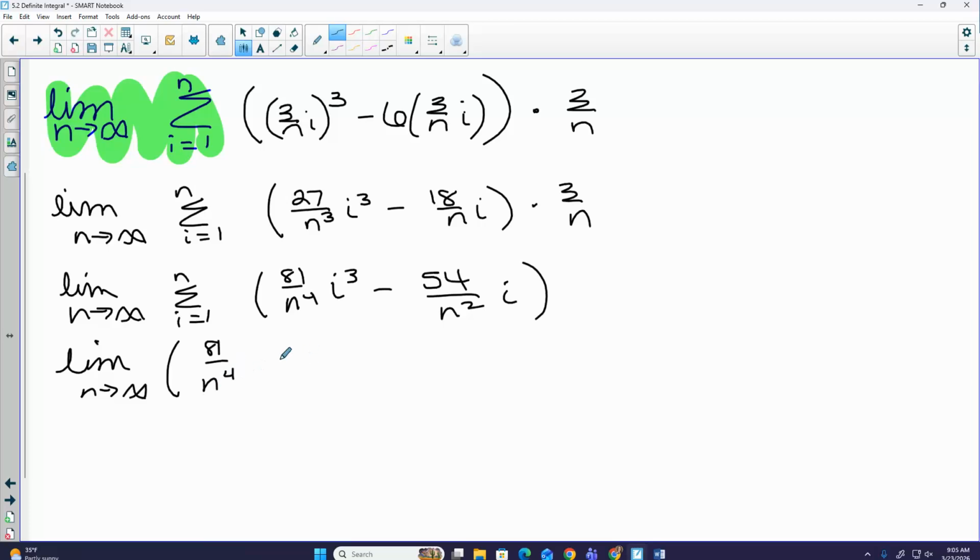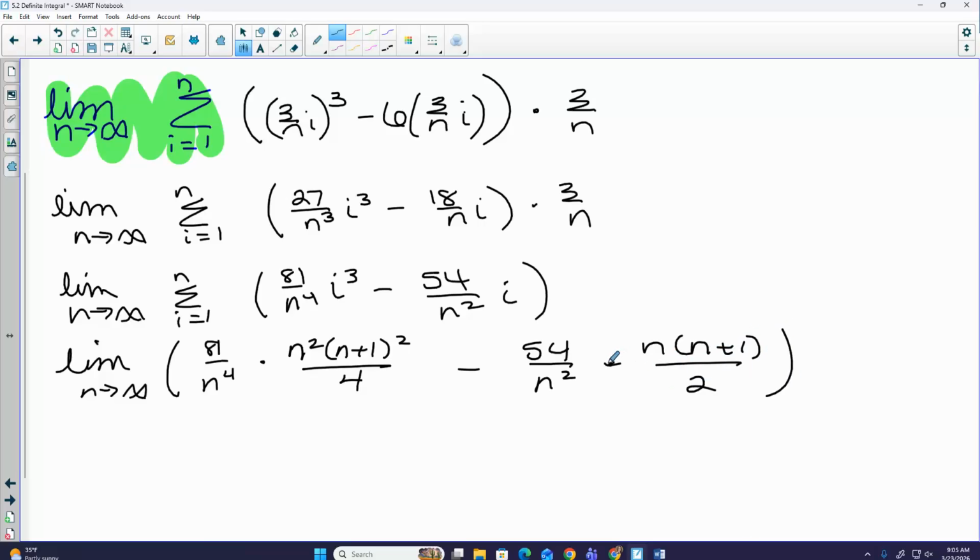What's the i cubed formula? n squared times n plus 1 squared over 4, minus 54 over n squared times the sum of i, which is n times n plus 1 over 2.